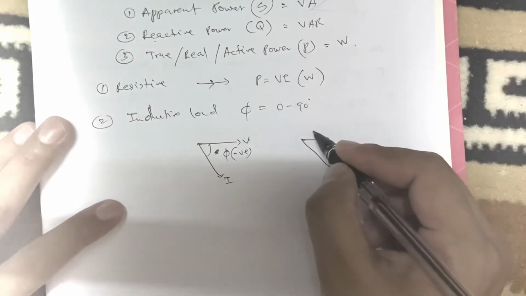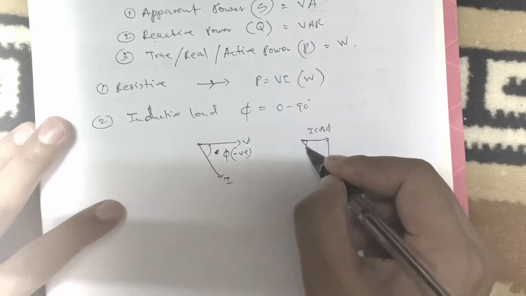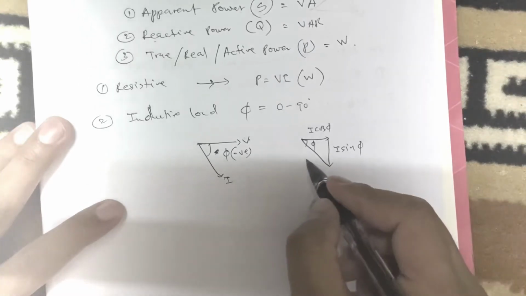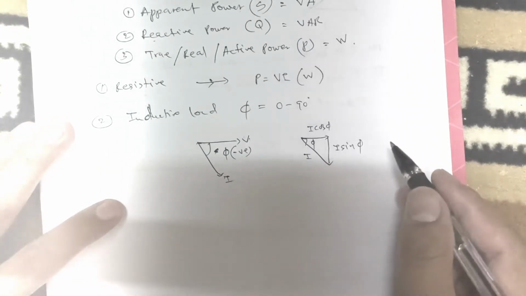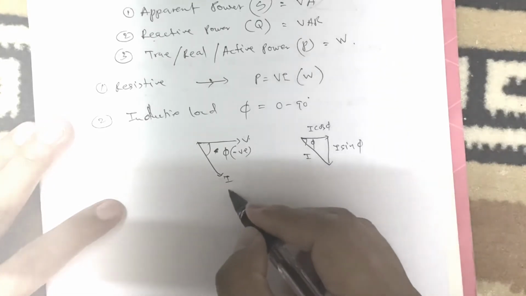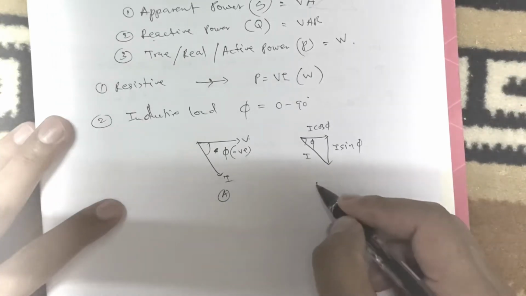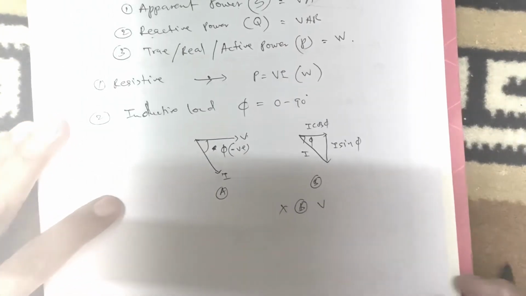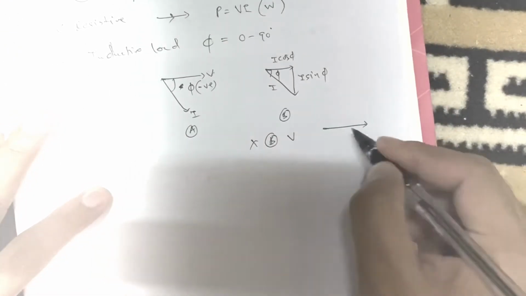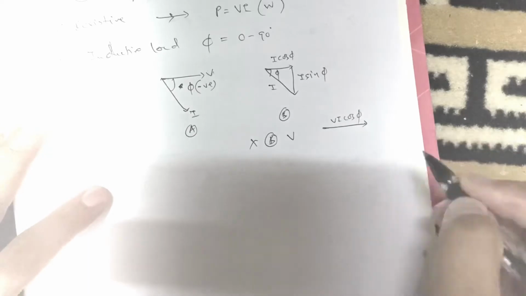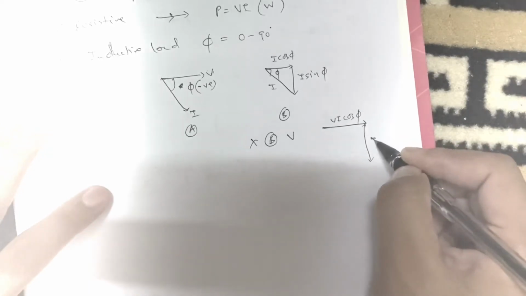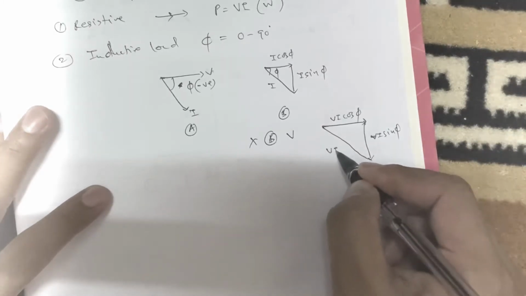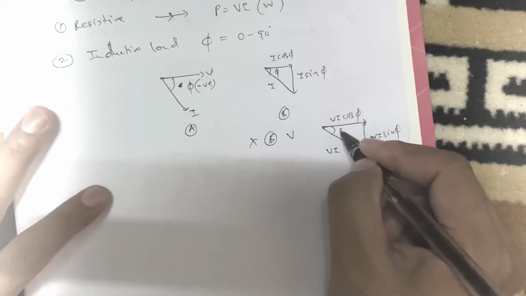Here we will have I cos phi, here I sin phi, and here I. Let's write this as phasor diagram A and phasor diagram B. If you multiply phasor diagram B with the voltage, then we will have another phasor diagram: VI cos phi, VI sin phi, and here V and I, and phi here.